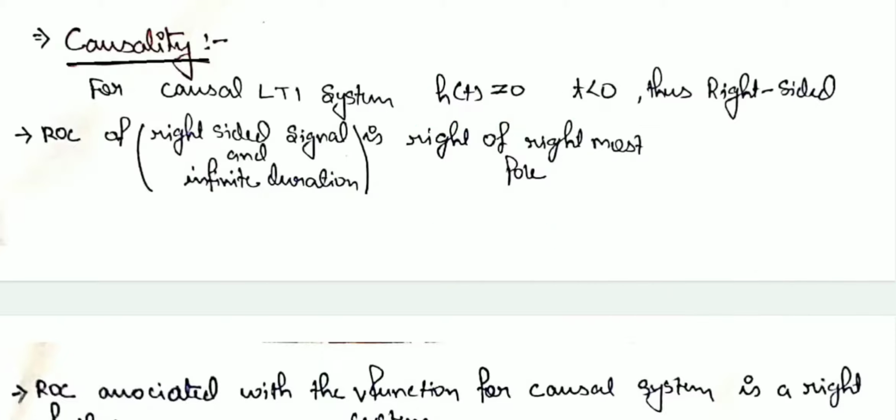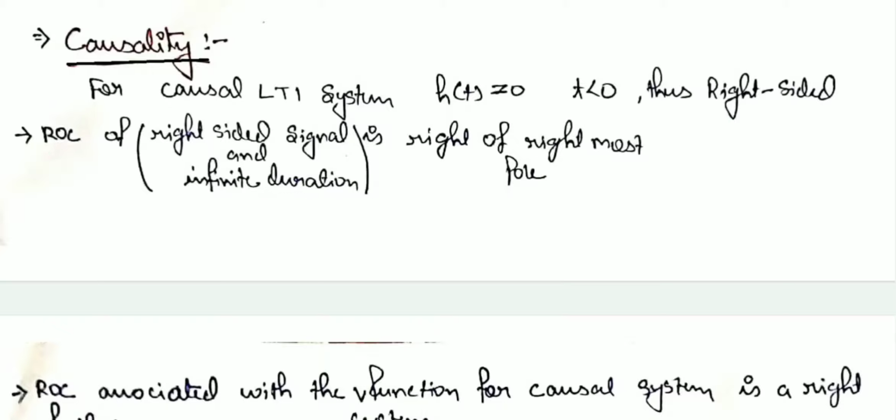It means the signal here is a right sided signal, and we know that from the property of ROC, if the signal is right sided, then its ROC is also right sided.